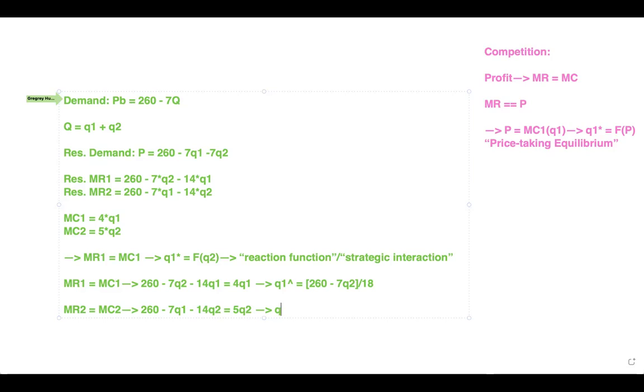And so then Michael Quintana, what did you get for the reaction function for firm 2? It's 260 minus 7Q1 divided by 19. Okay. Okay, there we go. All right, so everybody agrees.